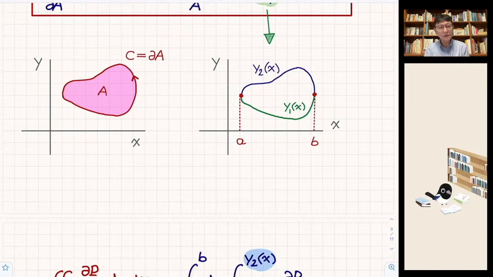So this contour in the textbook is written with the notation C, and here I just highlighted that this closed contour C is nothing but the boundary of the area A. And the boundary of area A, we just adapt this specific notation, that's partial A.